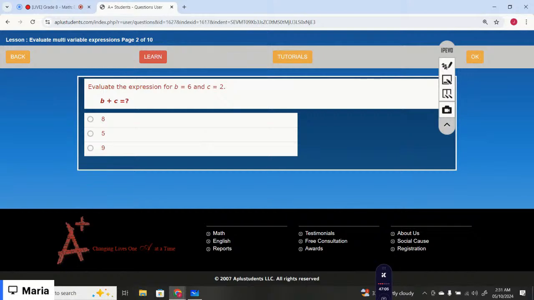You have to do B plus C. So which is the correct option? Yes, 8 it is. Option number 1 is the correct option.